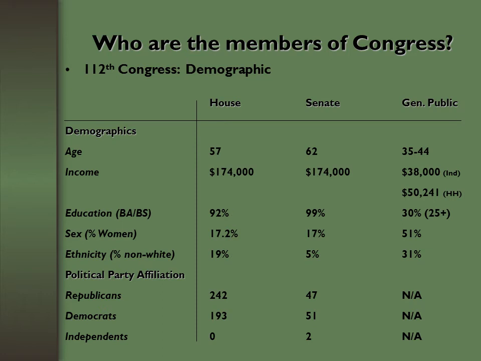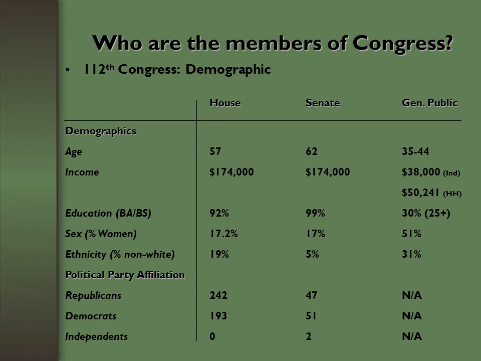In the 112th Congress, look at the breakdown here with political party affiliation. Because of Obamacare and the passage of the Affordable Care Act, which we'll talk much more about during the legislative process, the Republicans swept the House.